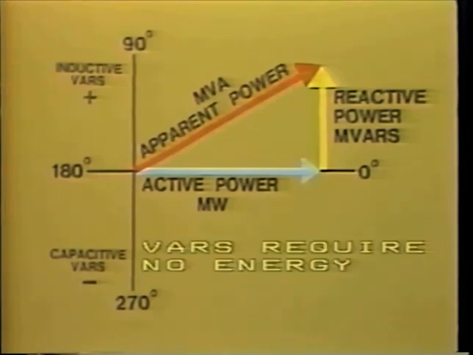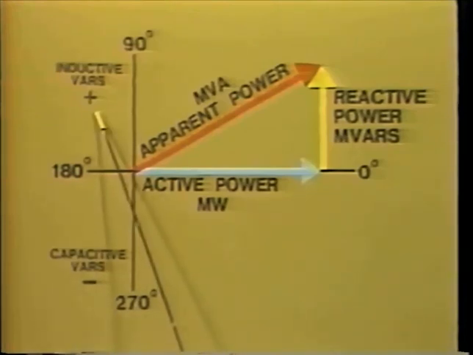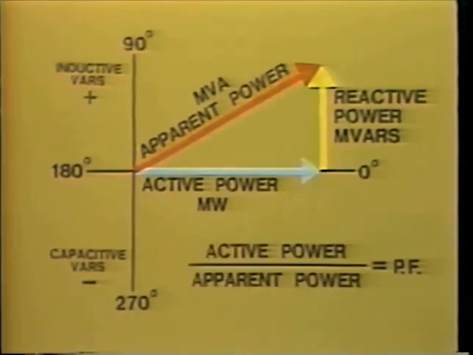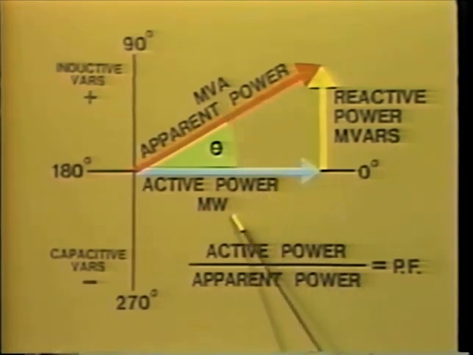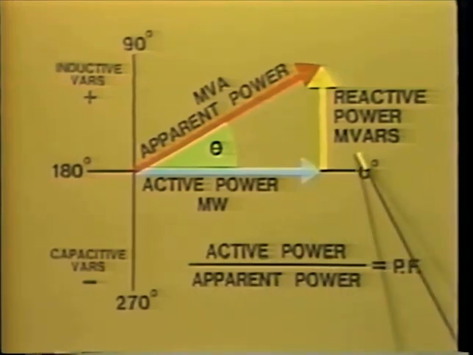Thus, VARs require no energy. Inductive VARs are positive and capacitive VARs are negative. The ratio of active power divided by apparent power is called the power factor. That value, power factor, is trigonometrically speaking the cosine of this angle, theta. The value of any one of the sides of the triangle can be calculated from the equation volt-ampere squared equals watts squared plus vars squared.